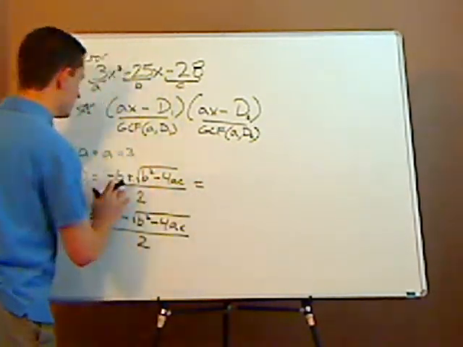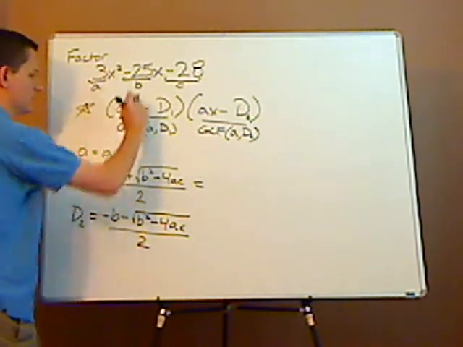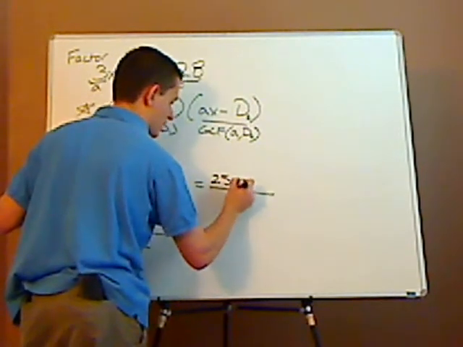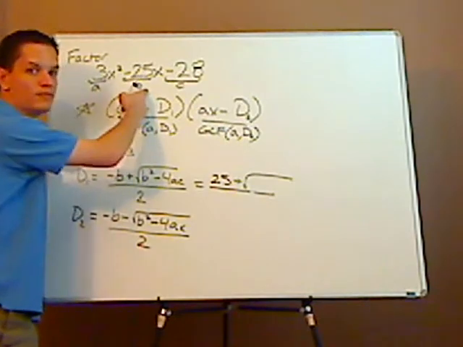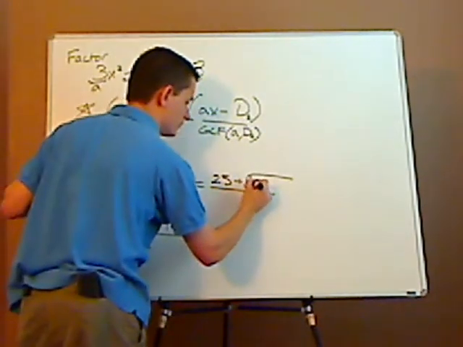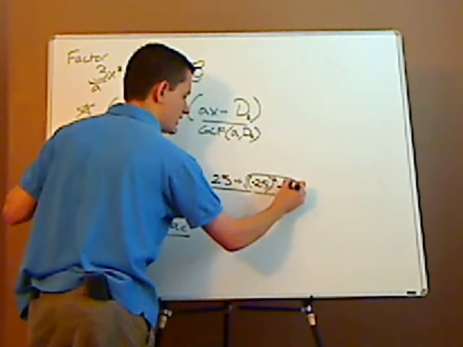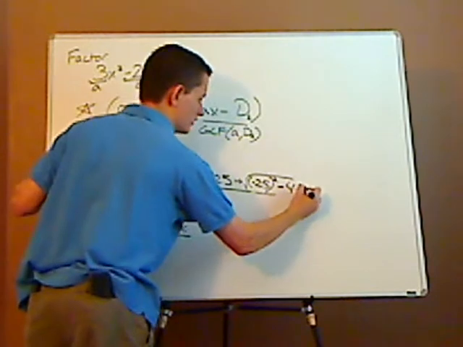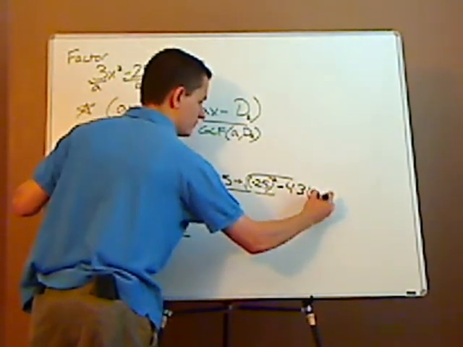Now with this guy, you just plug in the numbers. So negative b is the opposite of b, so that would be a positive 25 plus the square root of b squared. B is negative 25, so you want to square the negative 25, minus 4 times your a, which is 3, and your c, which is negative 28.